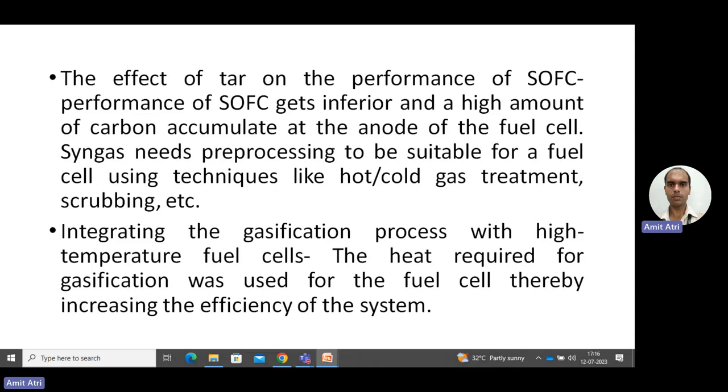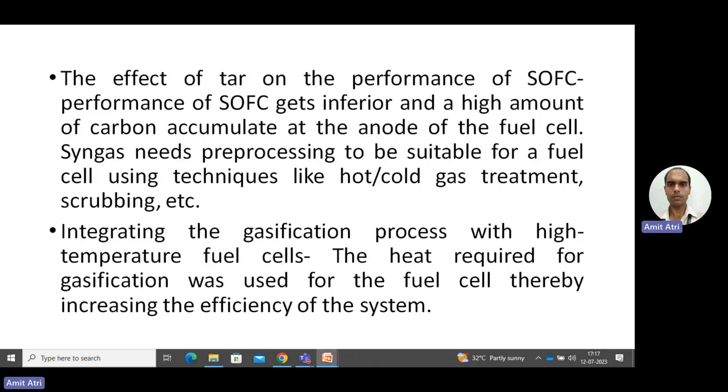So the syngas, which is used as a fuel in a solid oxide fuel cell, should be purified. So it needs pre-processing. Techniques like hot or cold gas treatment or scrubbing are used to remove impurities like tar. Then we supply it to the anode of the fuel cell.